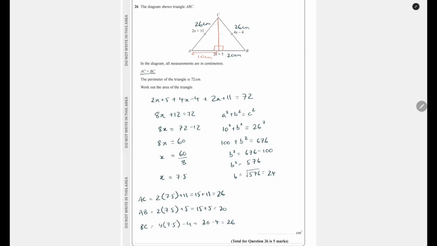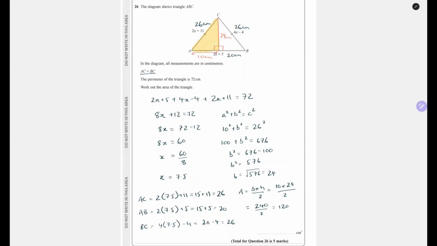And so the height of the triangle is 24 centimeters. And so we can work out the area of the triangle as base times height divided by 2. Well, we know that the base is 10, the height is 24, and we do that divided by 2. That's equal to 240 divided by 2, which is equal to 120. That is this area here, which is 120.